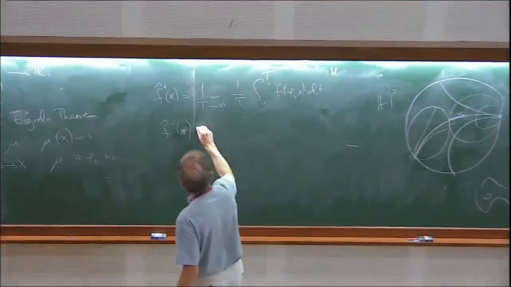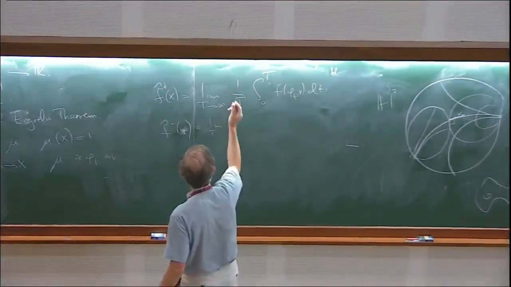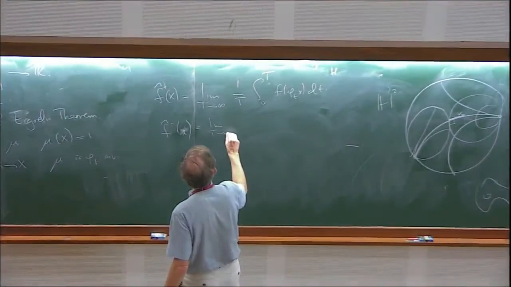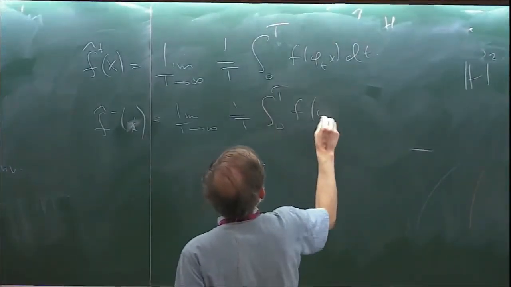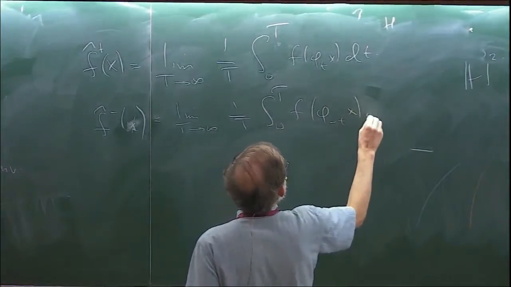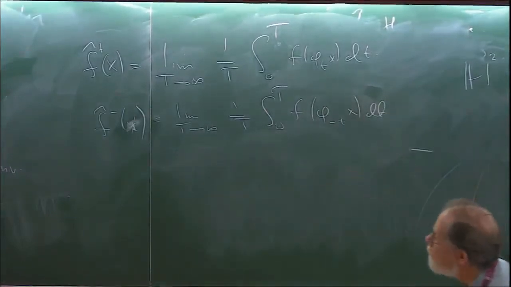And then I can do a backwards average, and take a limit as T goes to infinity. There's almost the same thing with f of φ_{-t} of x dt. So I can have these two averages. These are called Birkhoff averages.